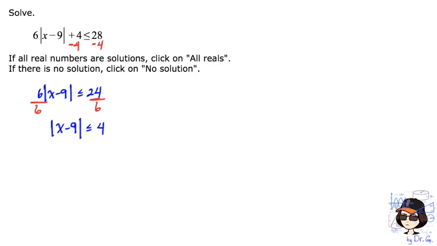Remember, I told you to always think about the absolute value of something as the distance that something is from 0 on the number line. So the thing inside our absolute value is x minus 9. That represents some real number. And it has to live a distance of less than or equal to 4 units away from 0. So it's no more than 4 units from 0 on the number line.